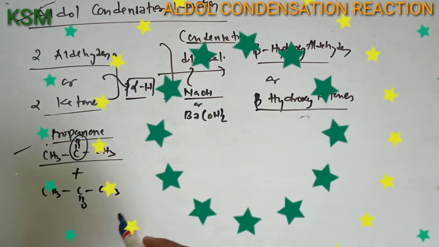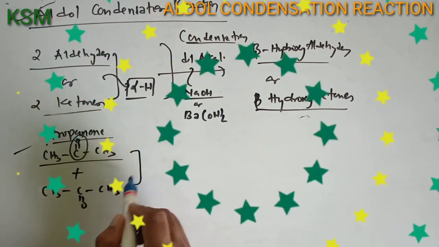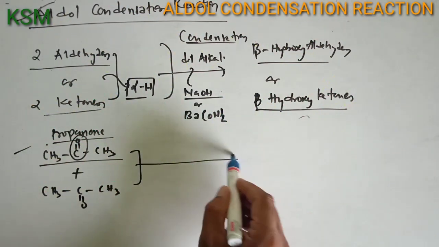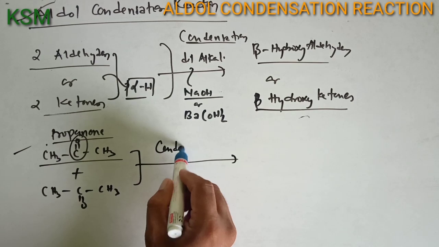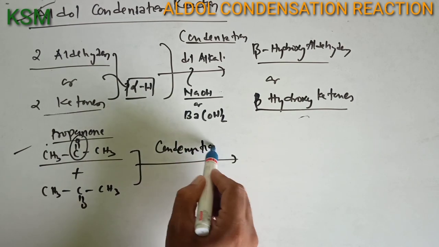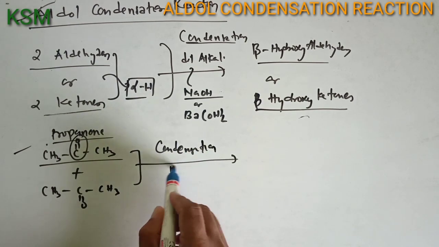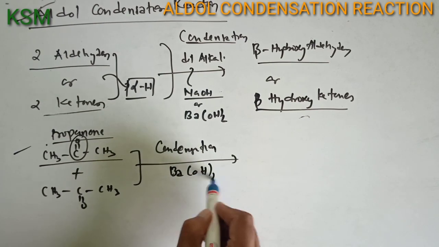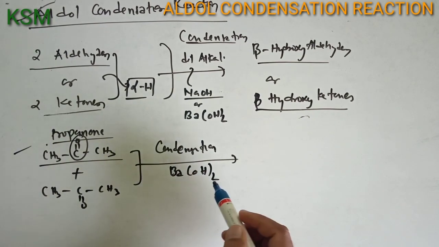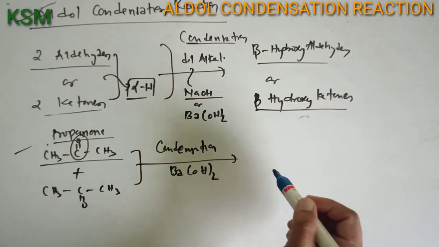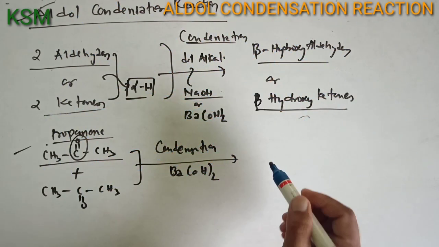Similarly in the second case also. So for ketones also this reaction is applicable. Condensation takes place in the presence of dilute alkali. This time we are taking dilute barium hydroxide, and finally it forms beta hydroxy ketone.